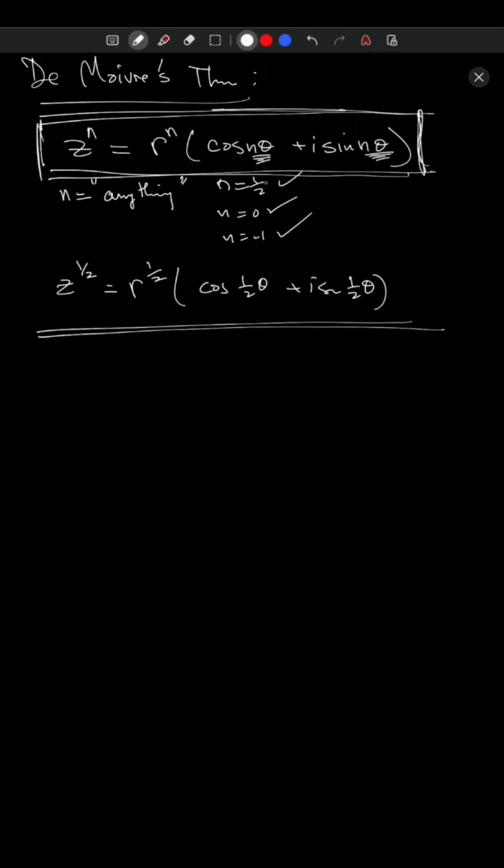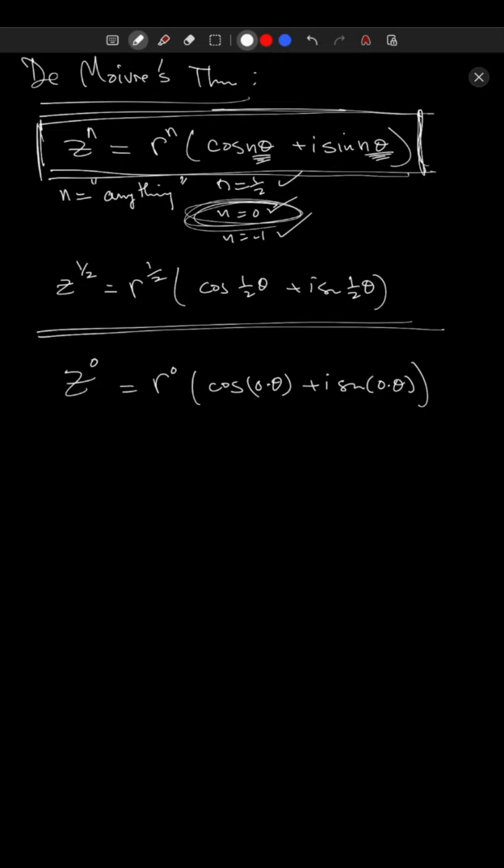Actually, before I even talk about that, let me talk about the zero case, because that's kind of interesting. z to the 0 is r to the 0 cosine of 0 times theta plus i sine of 0 times theta. Well, anything to the 0 should be 1, so if everything is consistent, the right-hand side should be 1 as well.